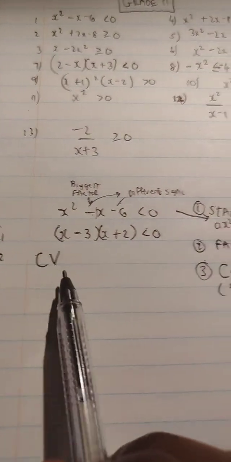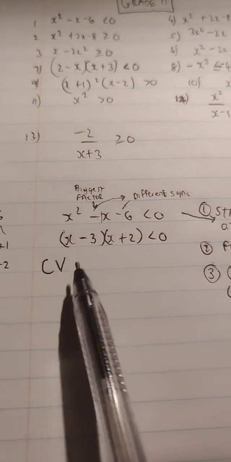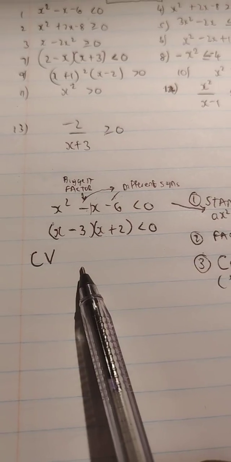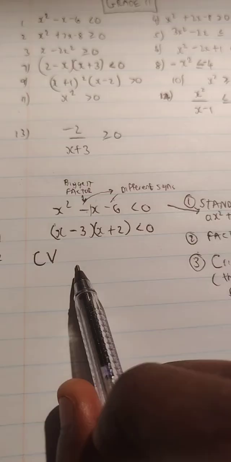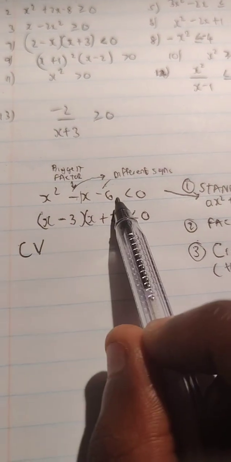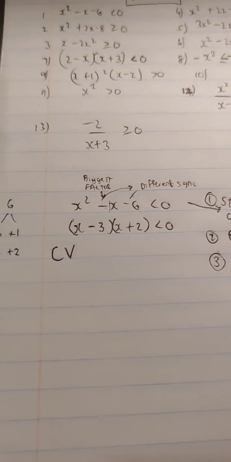So we write CV to denote that we are writing down the critical values. You imagine this expression is equated to 0.